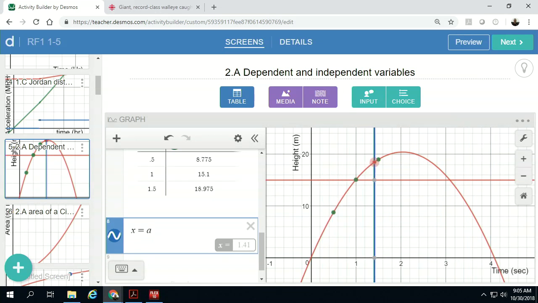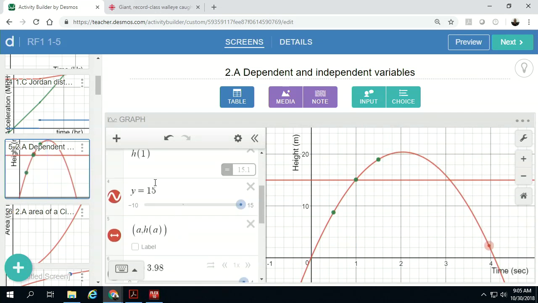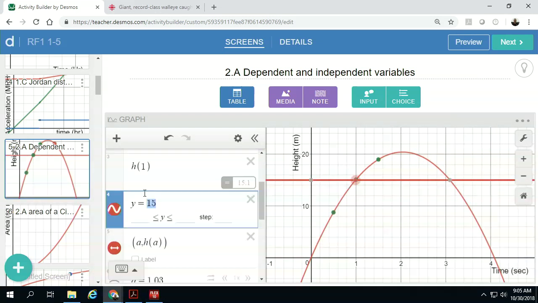C, if you were asked to go the other way around, notice you have to change things up here. Now we're going to do our y's.